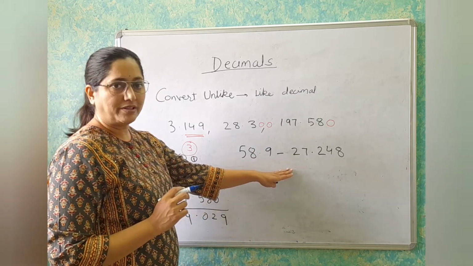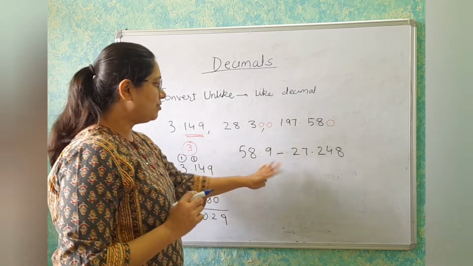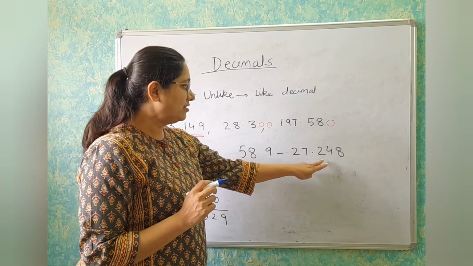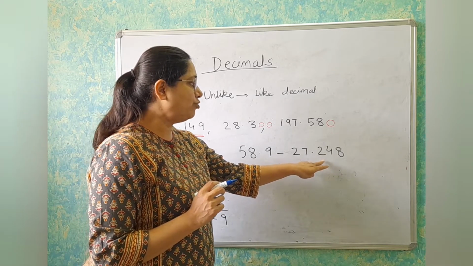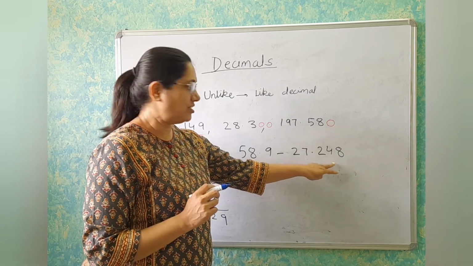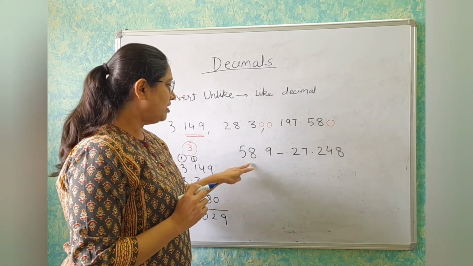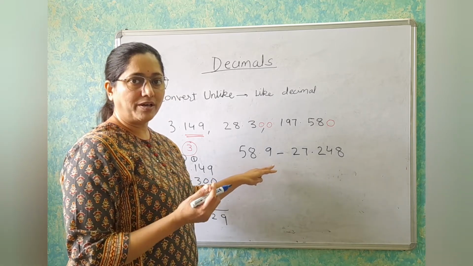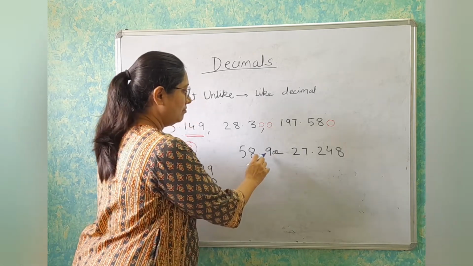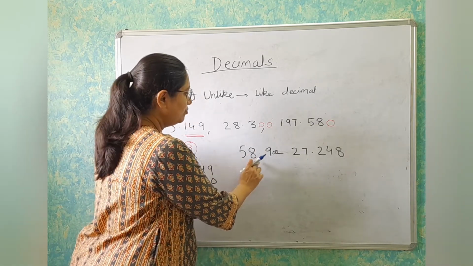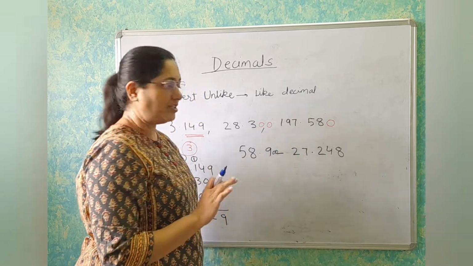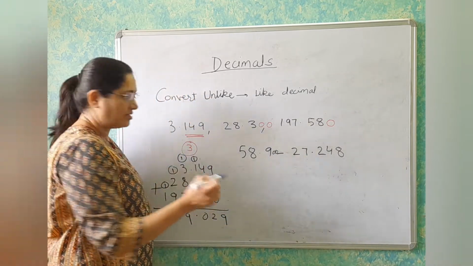So first we will make them like decimals, and to do that we will count the number of digits in the decimal part. 27.248 has the highest number of digits in the decimal part, and that is 3 digits. So we have to put zeros in 58.9 so that it becomes like decimal. So I will put 2 zeros after 9. Now this number has 3 digits in the decimal part and this number is also having 3 digits in the decimal part. Now I will subtract them.